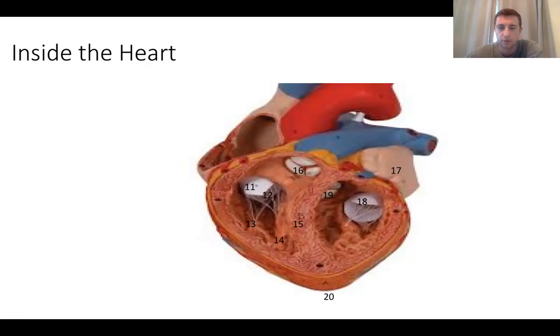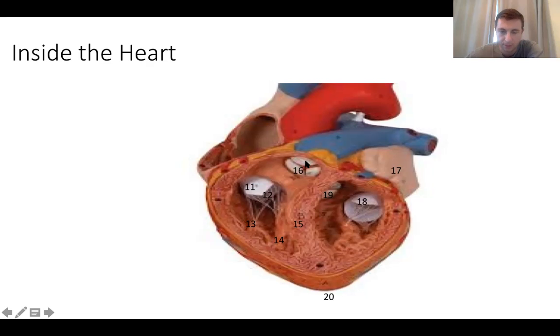I remember this because the carneae kind of looks like a steak, so carne asada. 14 is the interventricular sulcus, so it separates the left ventricle and the right ventricle. And 16, this deoxygenated blood here in the right ventricle passes through this valve here, which is the pulmonary semilunar valve.